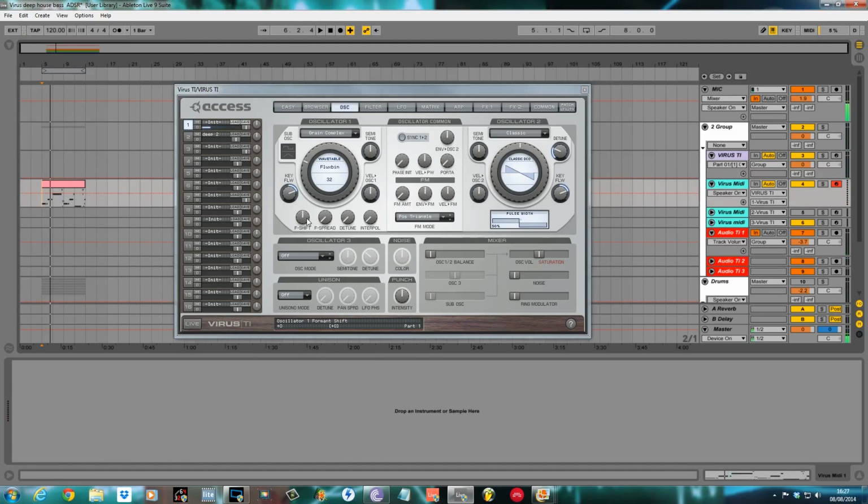I pull the formant shift all the way to the left, which makes it a lot deeper. Pull it down one octave. The interpolation for this I pushed up to 44. This is almost like a glide between the different formants. It helps smooth it out a bit.